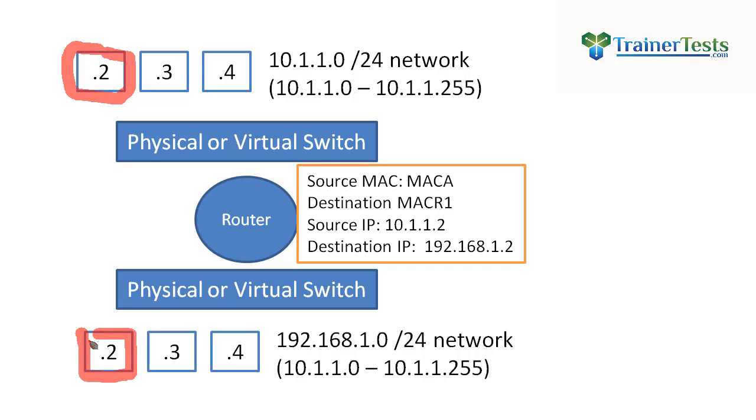And because that destination is on a different network, the source machine will send the frame to the default gateway. In this case, the source MAC address is the MAC address of this machine. Let's call it MAC A. The destination MAC is the MAC address of the router. Let's call it MAC R1.